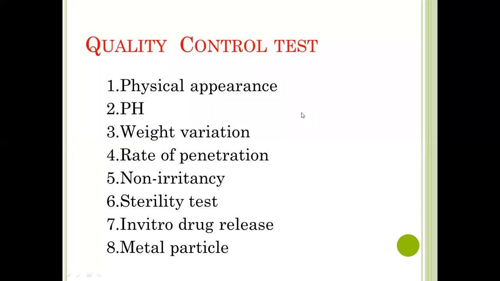Patch means the ointment is applied in patch form on a particular skin area. If it produces irritation, then it cannot be used. And if it does not produce irritation, that is, non-irritant, then we can use it. So this is about non-irritancy.